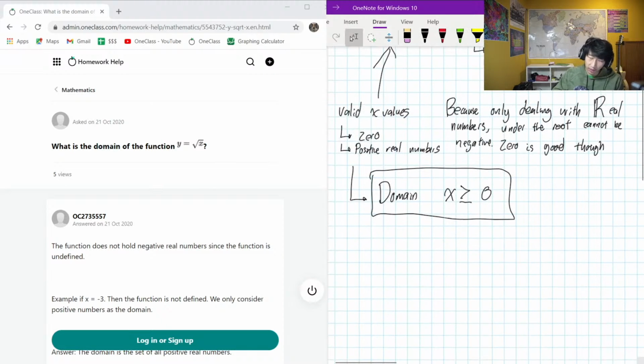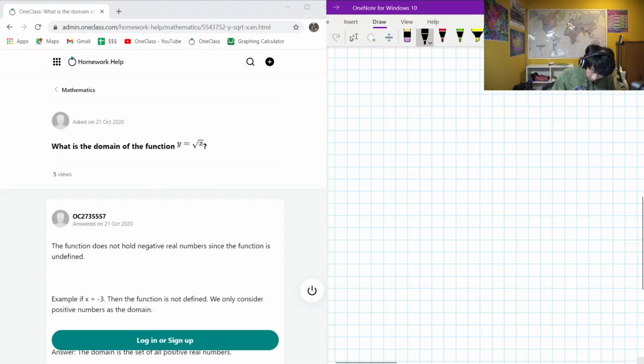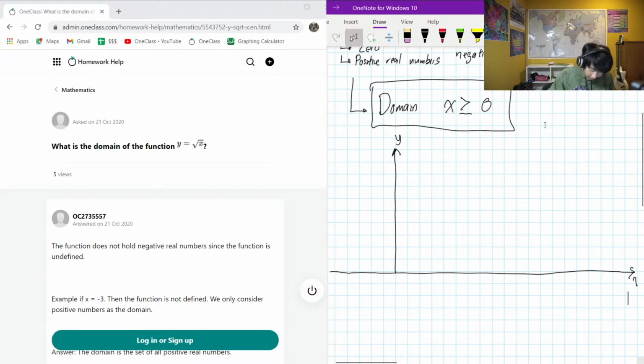Okay, graphically, what that is going to look like, if we were to draw this function. So if this is our y, and perhaps this is our x. Let's go back here.